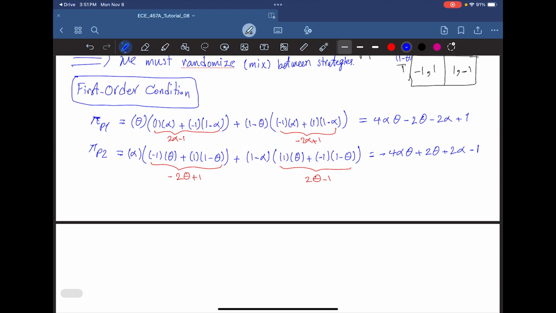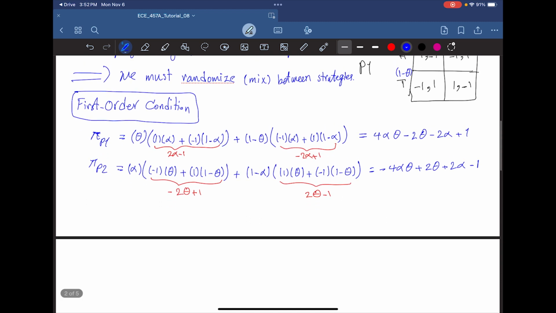So what we need here is to take the derivative of the payoff of player 1 with respect to theta.